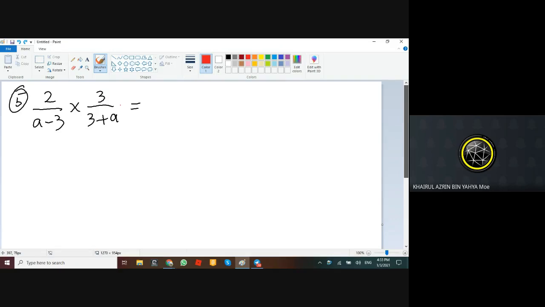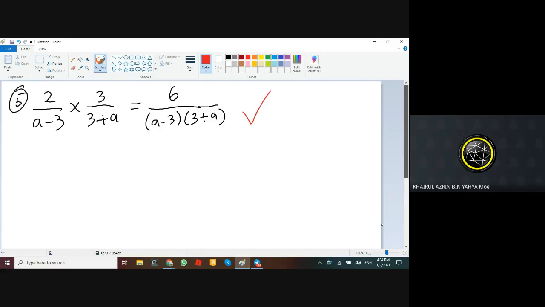Okay. For question number 5, what you need to do is just multiply. So 2 times 3 is 6. And on the lower part here, you just write A minus 3, 3 plus A. In the textbook, the answer at the back is like this, enough already.